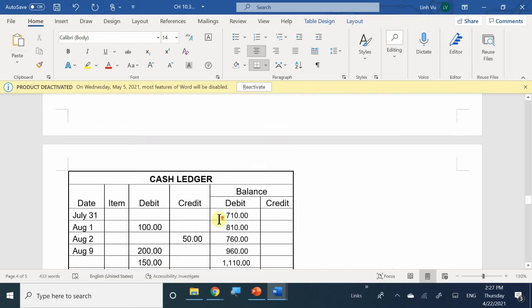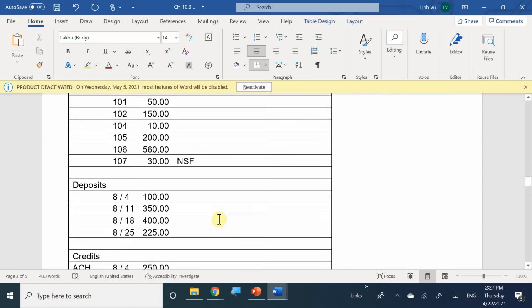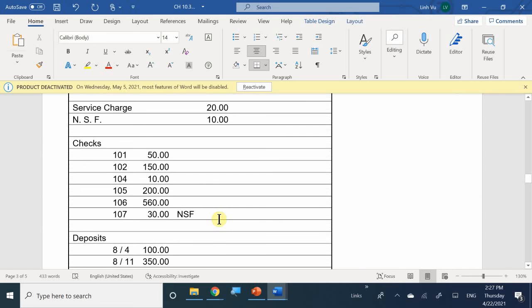Now let's go ahead and take a look in my bank account and see how many of those checks actually cleared. 1, 2, 3, 4, 5, 6. And automatically, that means I'm missing 2 checks. Now it says NSF here because this is the check that I wrote out that I didn't have enough money in, but it cleared anyway. So that's just to let you know that's why you got charged the NSF fee.